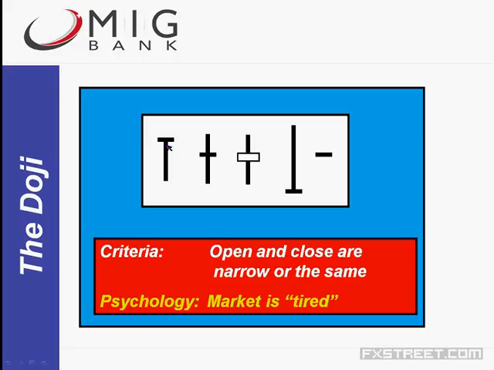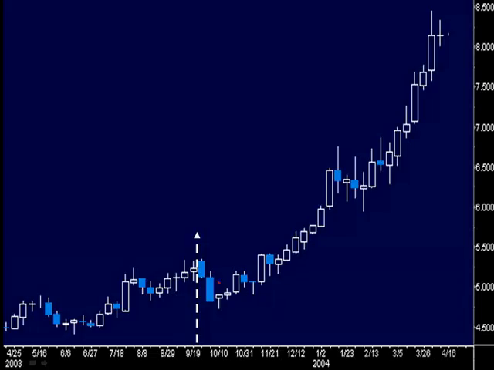Remember, Doji looks like either one of these patterns. How many Doji patterns do you see on the right side of this chart? I need everyone to quickly type in a number.